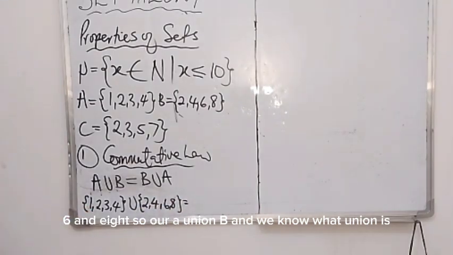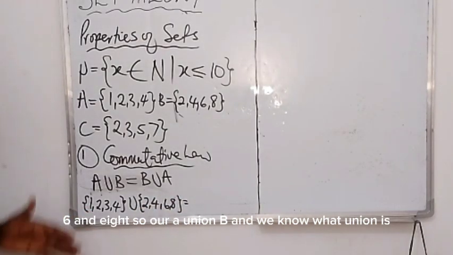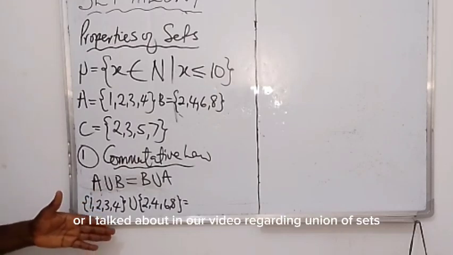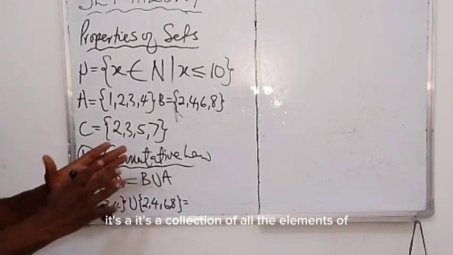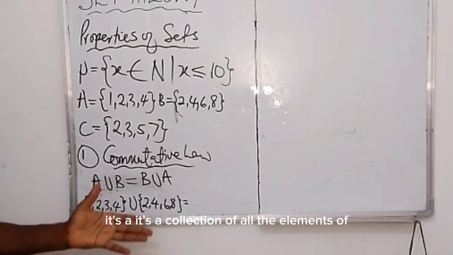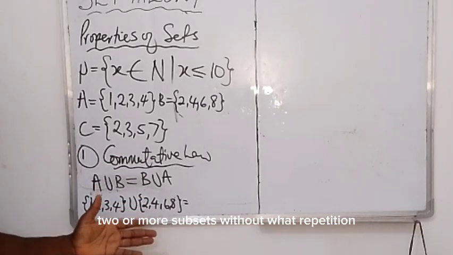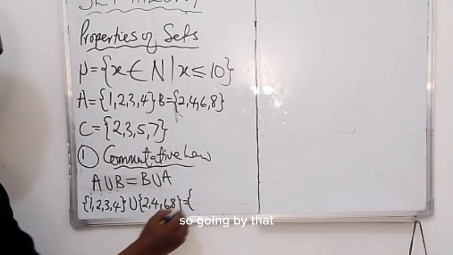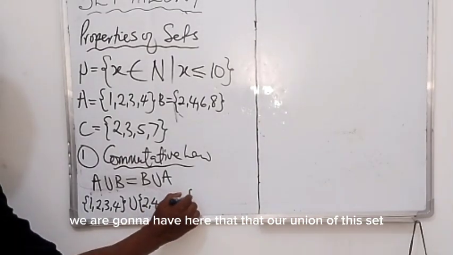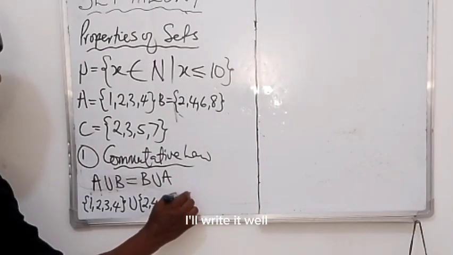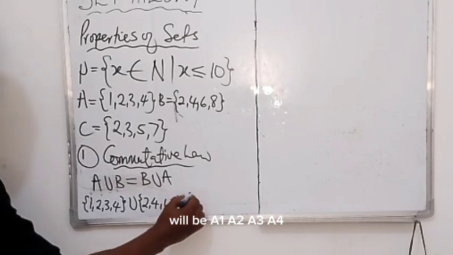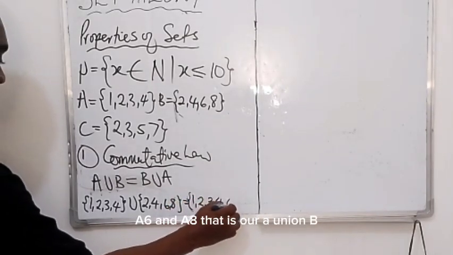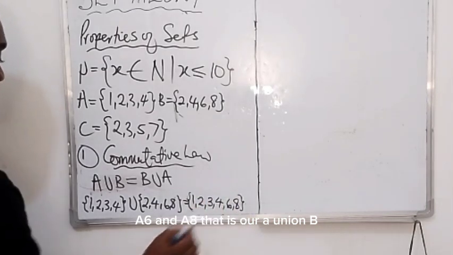So our A union B, and we know what union is. It was the first set operation I talked about in our video regarding union of sets. It's a collection of all the elements of two or more subsets without what? Repetition. So going by that, our union of these sets will be 1, 2, 3, 4, 6, and 8.